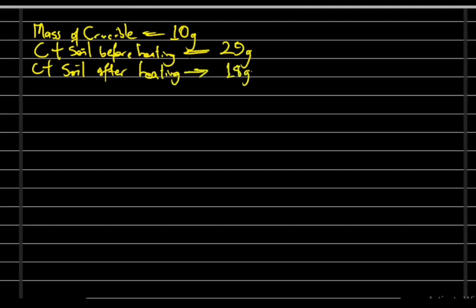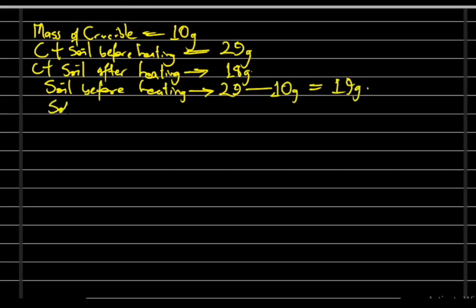So that means here we have the soil before heating. Soil before heating equals 29 minus 10 grams, so that gave us 19 grams.